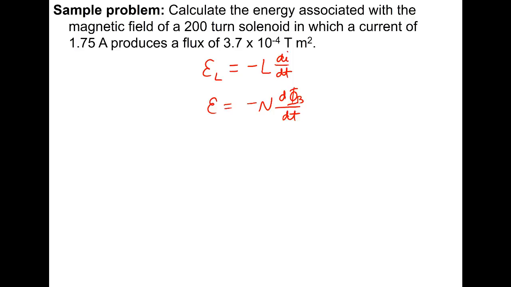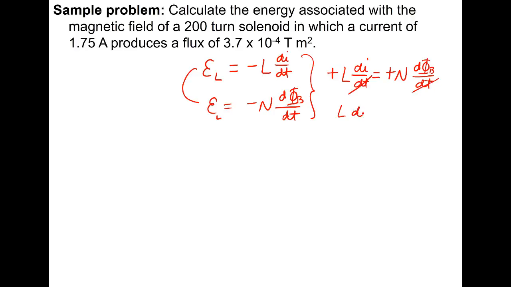from Faraday's law. And so what we can do here is we can actually set these equal, and this means that negative L di dt is equal to negative N d flux dt. And here's a cute little thing that you can do, aside from making those both positive. If I have dt's on both sides, I can pretend like they're not there.